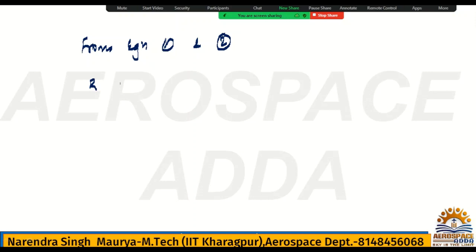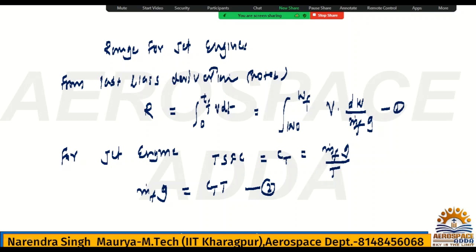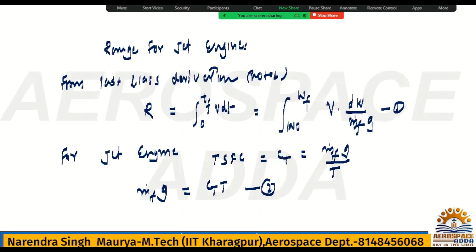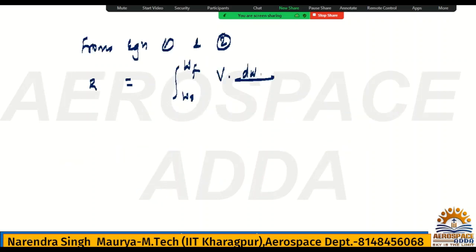R is equal to the integral from initial weight to final weight of V into dW divided by m dot f g, which is nothing but CT times T. Okay, this is also clear. There should not be any doubt up to here.